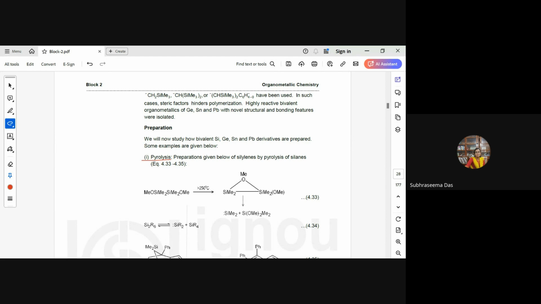By the process of pyrolysis, silylenes have been obtained from silanes.